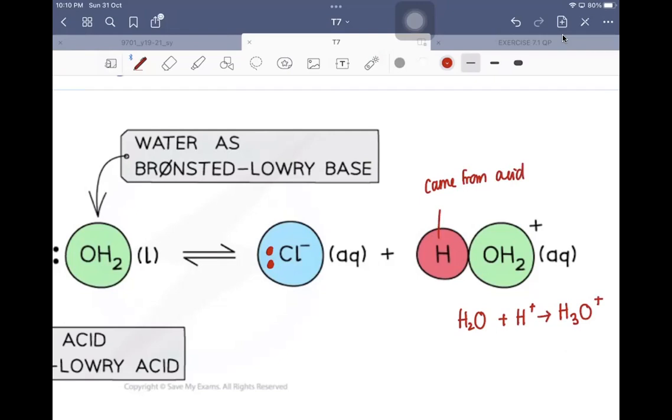And this H3O plus is called hydroxonium ion. All acids, when dissolved in water, will have this hydroxonium ion. It is the equivalent of our H plus. Okay, hydroxonium ion is sometimes called a protonated water. Why? Because your water has accepted a proton, has received a proton.